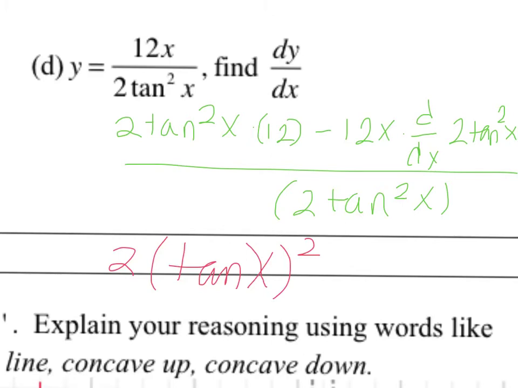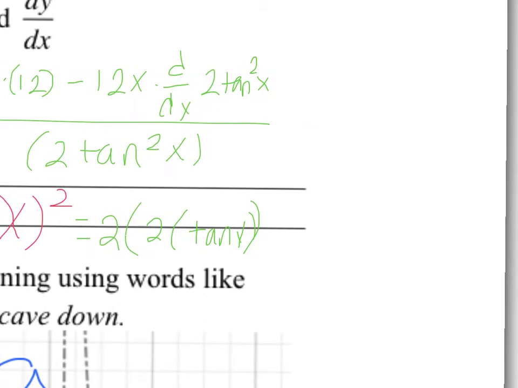I'm going to bring my 2 down, multiply that by the 2 that's already there, times the inside, which is tangent of x. And we're going to multiply that by the derivative of the inside function. So the derivative of tangent, which happens to be secant squared of x.